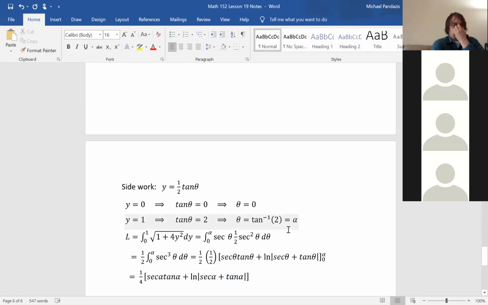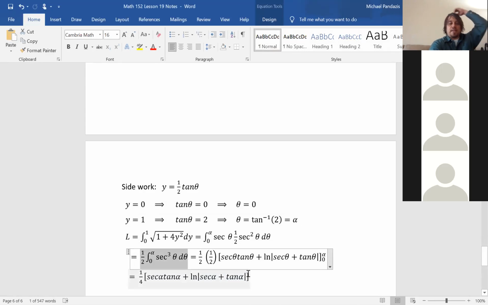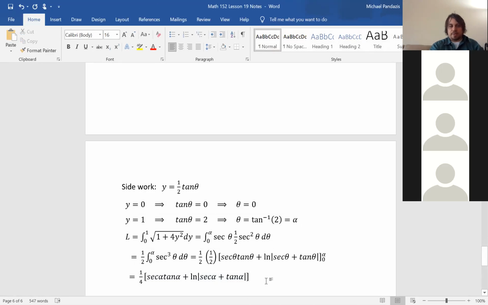And so that is the length. So you use trigonometric substitution to get this, and then you compute that, and you get that it's equal to this. Okay, integration by parts.